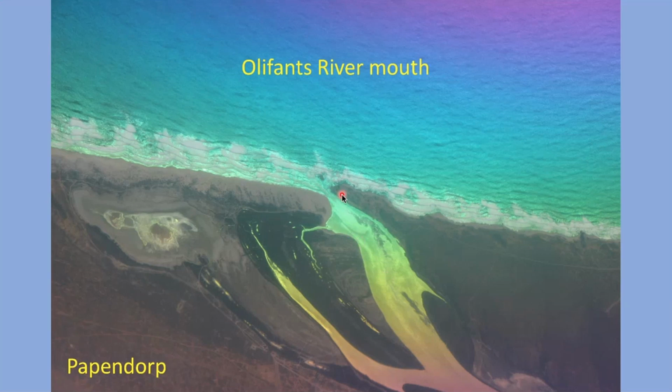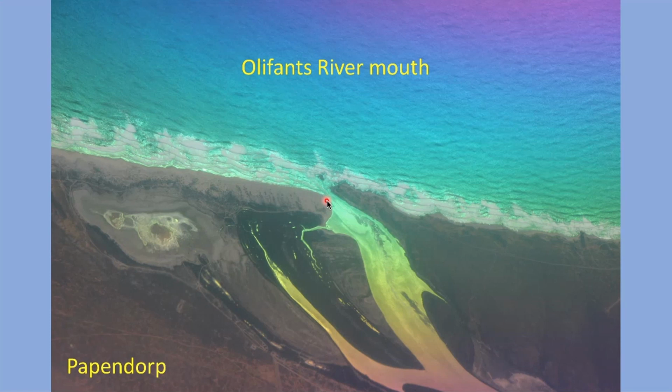And what's interesting here is you can see, unlike the Berg River, there's been no permanent opening made. So what typically happened in the past with these rivers that haven't been modified is the sand dune. Remember, the sand's coming from the south, so it's going across this slide to the right. And during summer, when the flow of the river is low, the sand can build up and it can block this river.